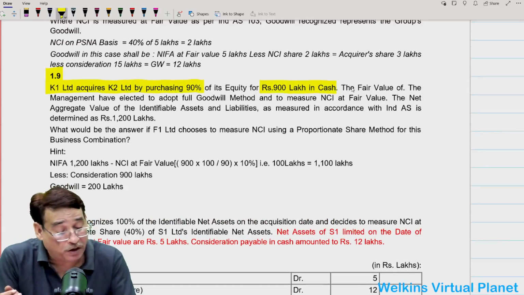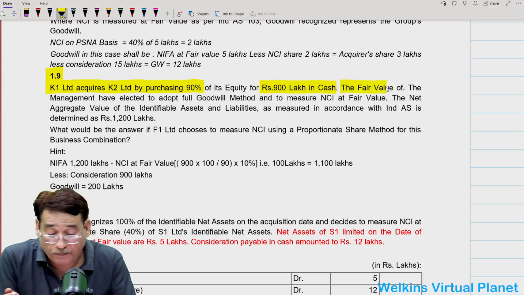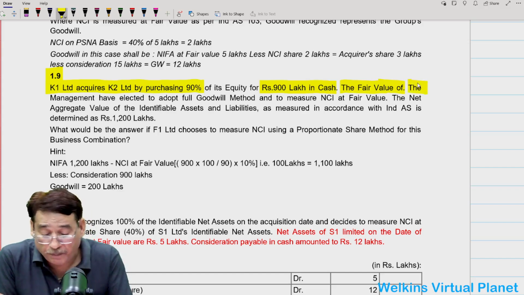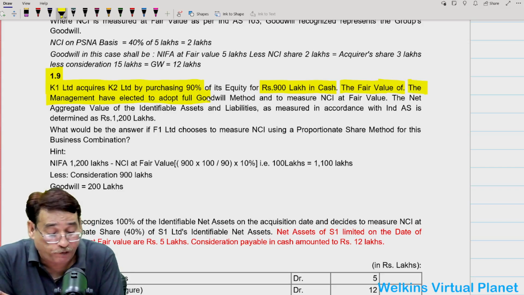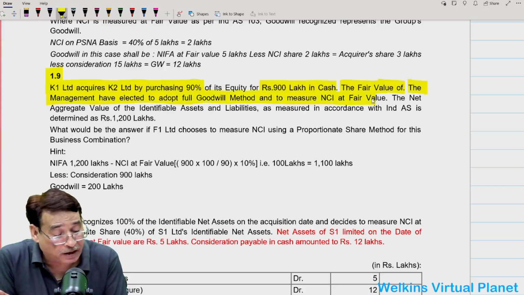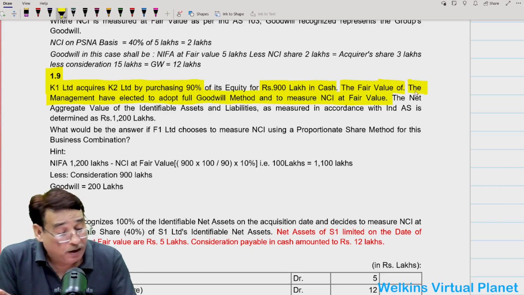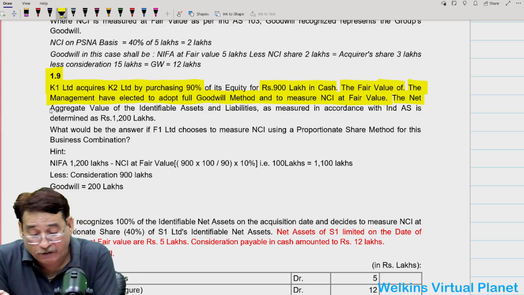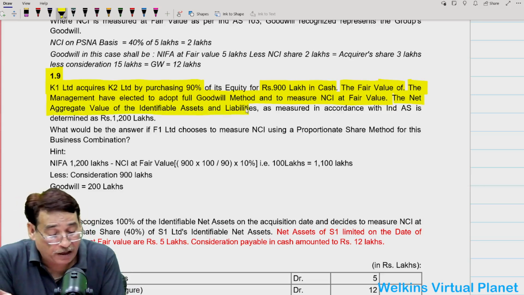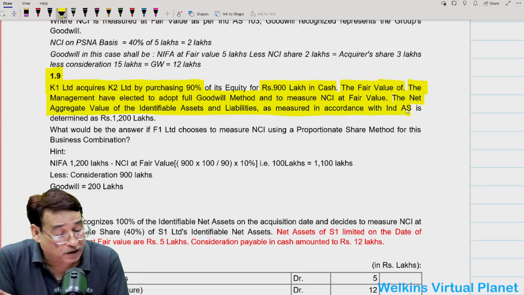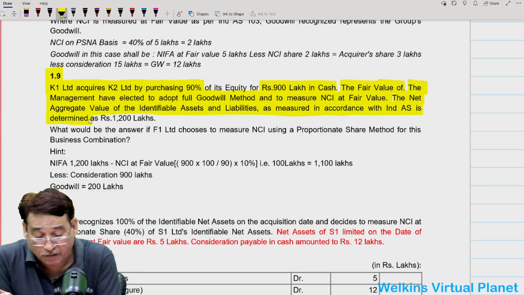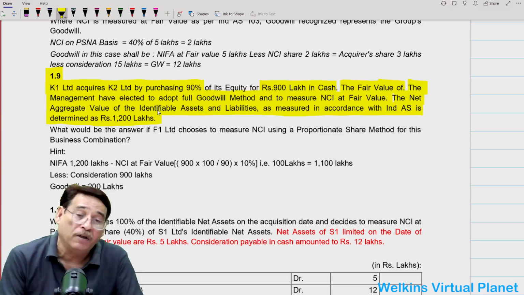Similar to the last question, the fair value of the net assets is not clearly given. Let me go a little bit further. Then management have elected to adopt the full goodwill method and to measure NCI at fair value. Now it is given that the net aggregate value of identifiable assets and liabilities as measured in accordance with Ind AS is determined at 1,200 lakhs.